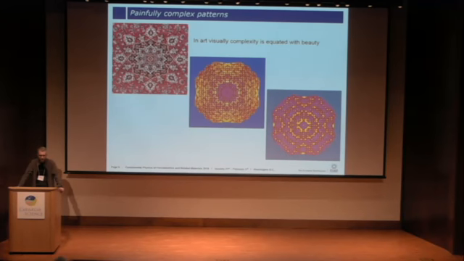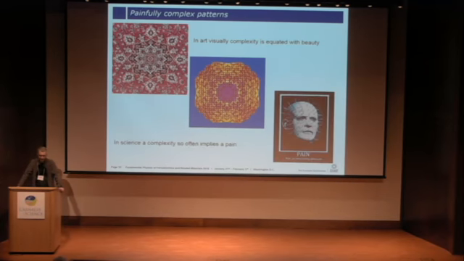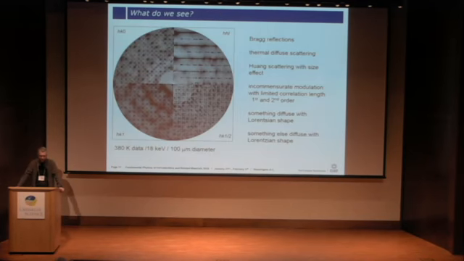And the patterns we obtained are nice. Like in art, visual complexity is sometimes equated with beauty. And in science, complexity is often a pain. But, well, we tried to do something useful with this data. So here I put together a few cuts of reciprocal space at rather high temperature above the transition.